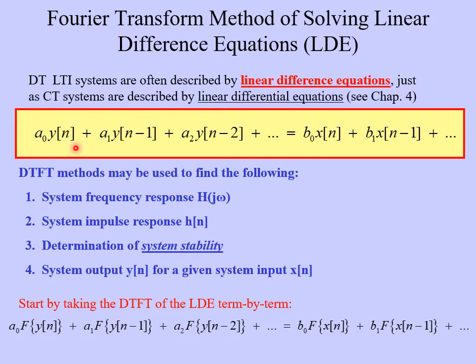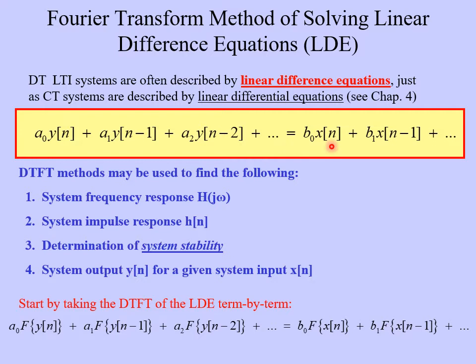So in this linear difference equation, we can put y of n by itself here, and it has some coefficient a naught, which might be equal to 1. And then here is the first delay of y, y of n minus 1, and its coefficient we'll call a1. And then we just keep going, y of n minus 2, that's a second delay of y, and it has a coefficient a2, and so on and so forth.